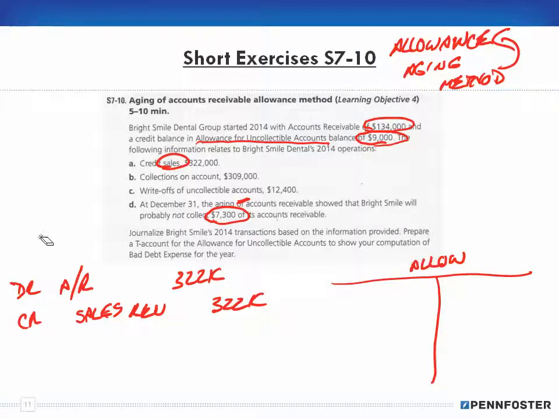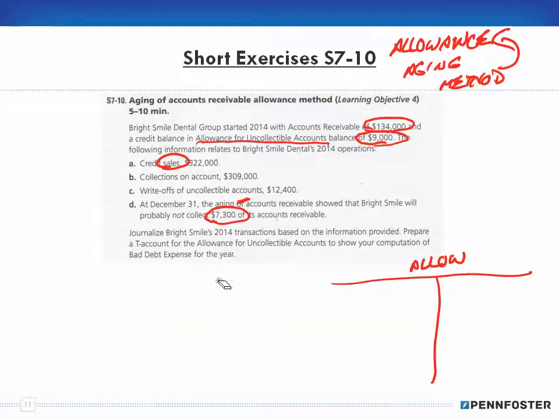All right, so copy that journal entry down, pause the video if you have to, rewind it, because I'm going to erase these journal entries as I make them. So what I want to do now is collections on account of 309,000. If I have a collection on the account, again, one, am I affecting cash?